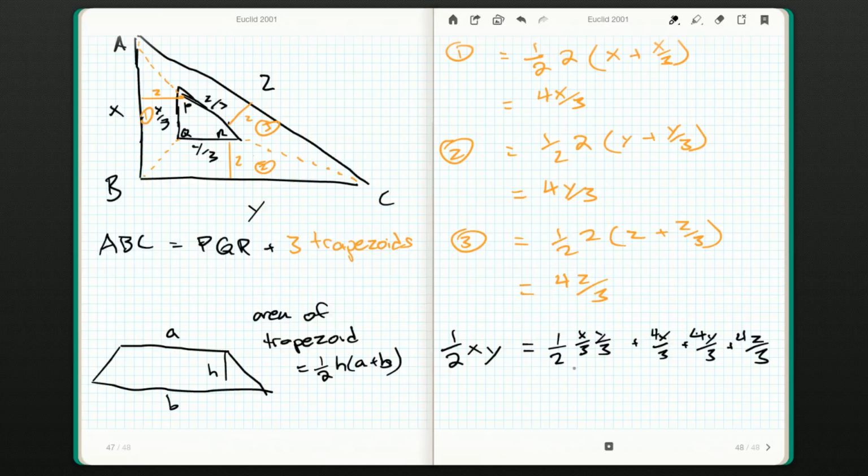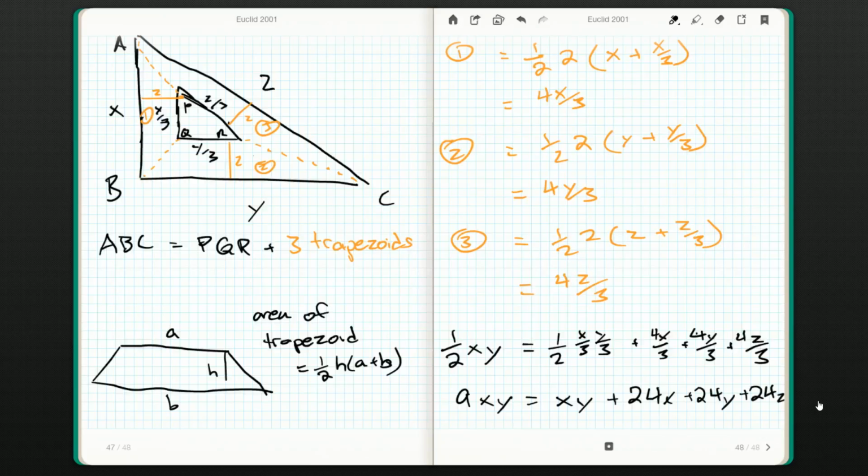I'm going to multiply both sides by 18 to get rid of this 2 times 3 times 3, so we'll have xy here, plus 24x, 24y, and 24z. Okay.